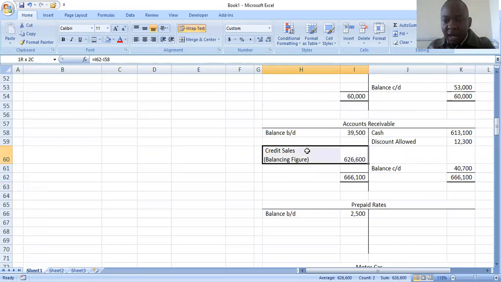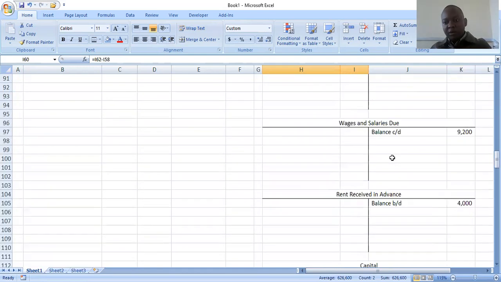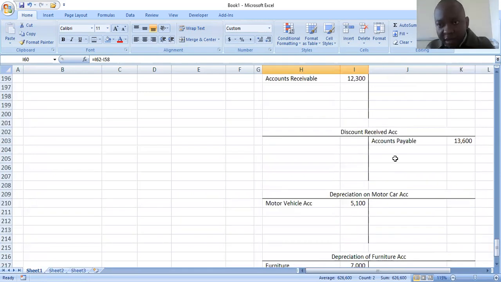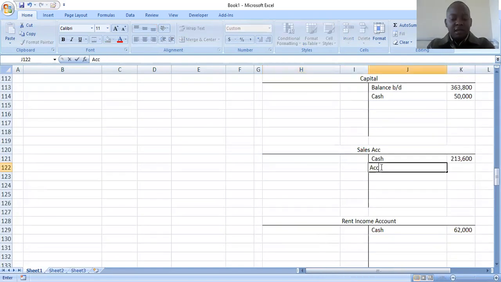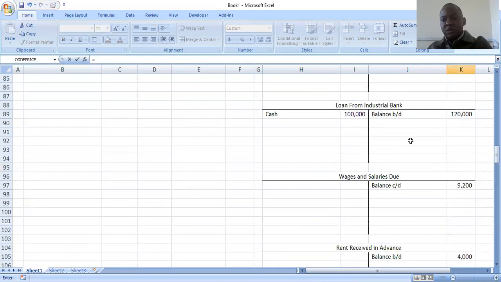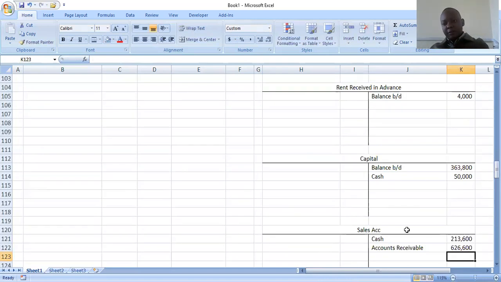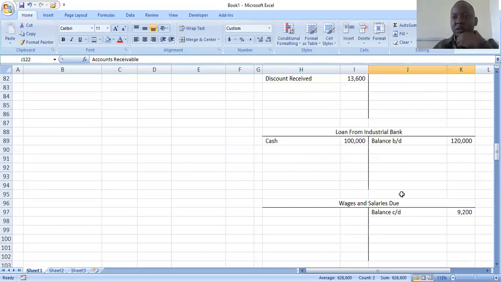So we go to our sales account and credit it, by accounts receivable, with the amount. This is the amount of sales that KK made on credit during the year.